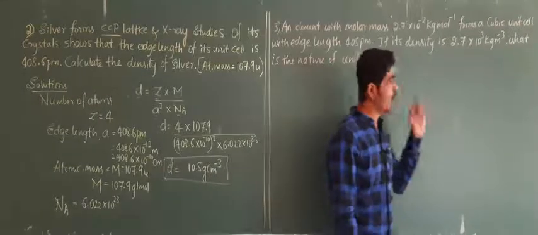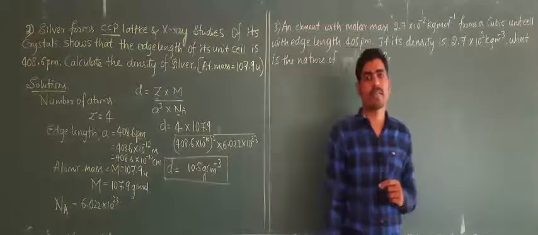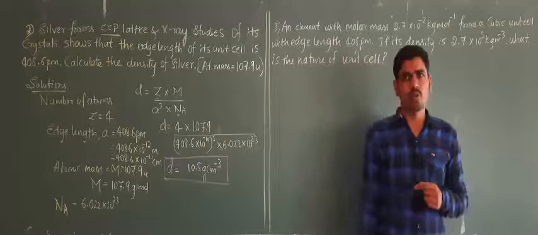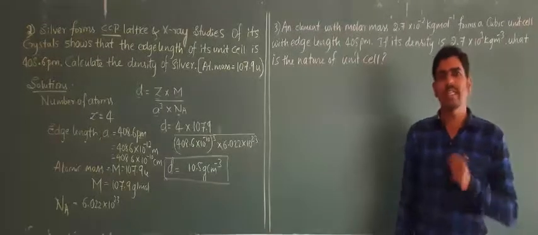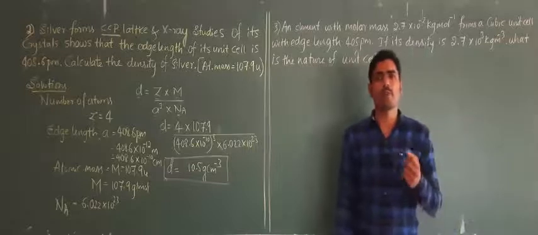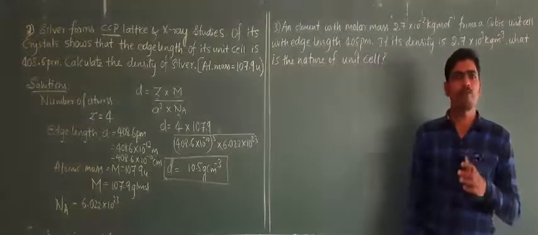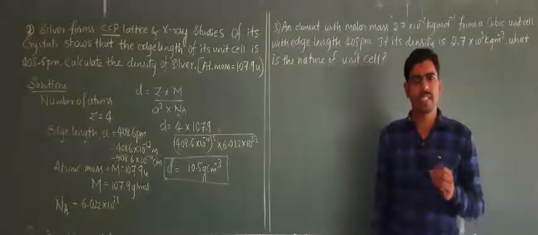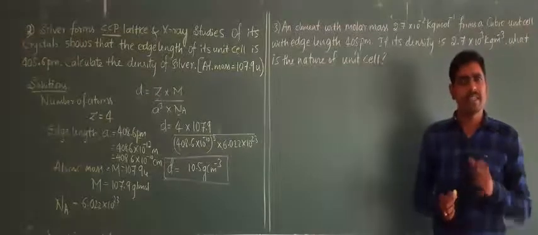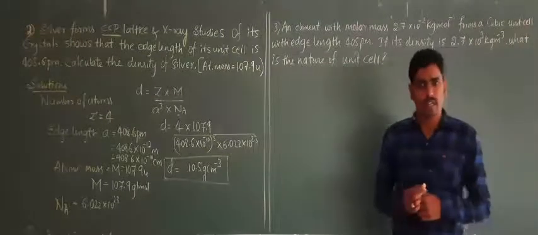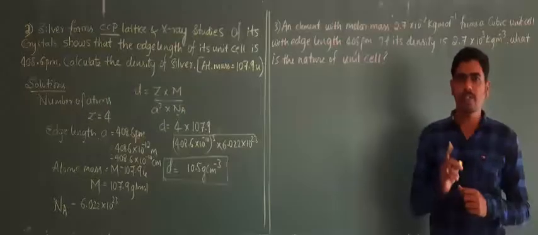In order to find out that, you should calculate the number of particles. If you come to know the number of particles in the unit cell, then you can easily say which type of unit cell is present. For example, if you get the value of Z equal to 1, it is simple cubic unit cell, because in simple cubic unit cell the number of particles is 1.